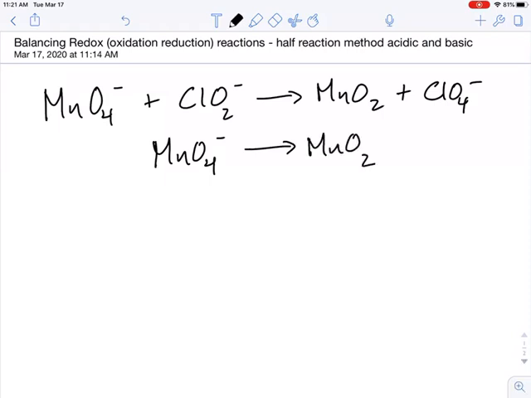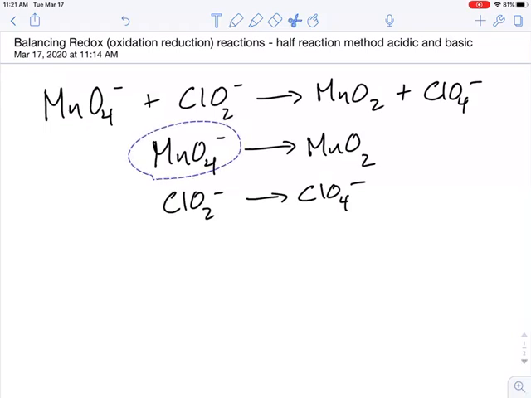And then I'm going to look at what's going on with the other reactants, ClO2 minus going into ClO4 minus. And so this is the half reaction method, isolating what's going on with manganese, what's going on with chlorine. And hopefully you could realize at this point you wouldn't really be able to balance anything, because as soon as you increase the things on your reactant side, the product side would need to increase as well, and you'll never be able to balance it that way.